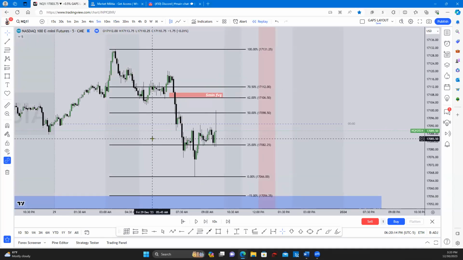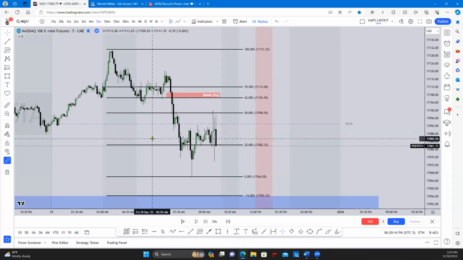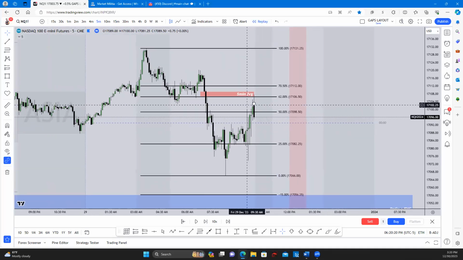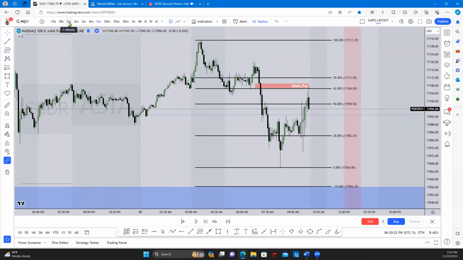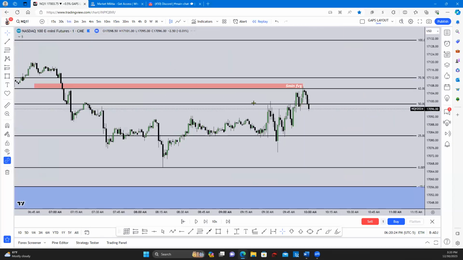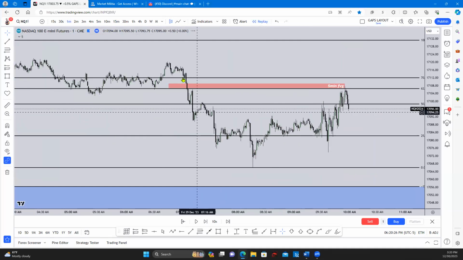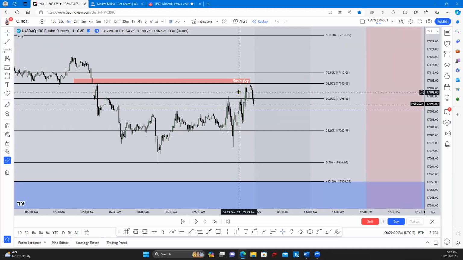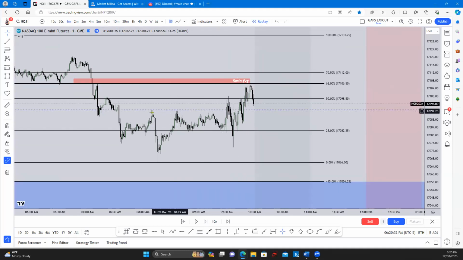So if we play price forward, we get tapped in there, right? Everyone is anticipating price to go higher, so we're catching all of these retailers. You see these clean highs all in here.